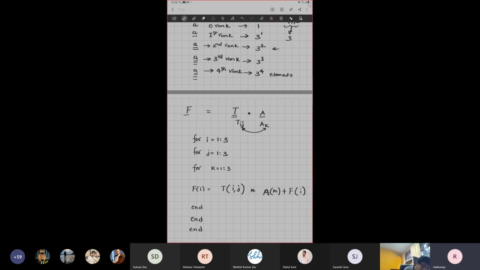So naturally, no point in writing k, it becomes j, and one loop I can really remove.